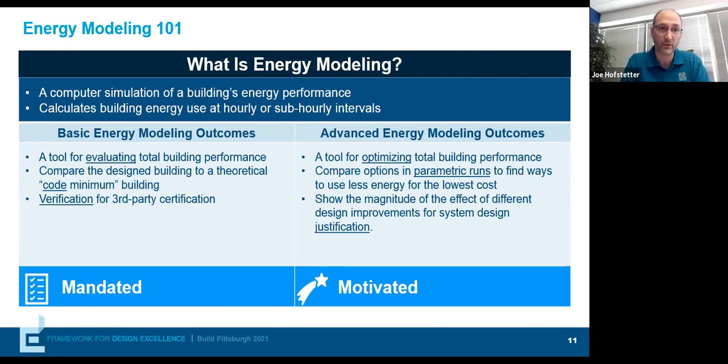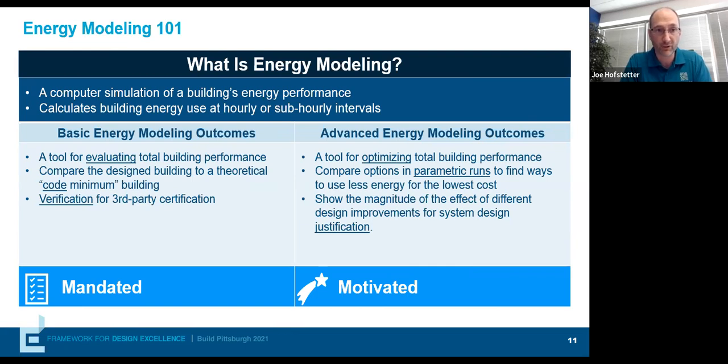So, a couple key terms that you can pull off of this slide is, when we're talking about a mandate, and I know for our offices in Ohio, we have a lot of our city and state buildings, especially our K through 12 schools, that are required to get a LEED Silver. Obviously government buildings require some level of green certification to qualify for their compliance. So in some cases, we are just flat out mandated to do it.